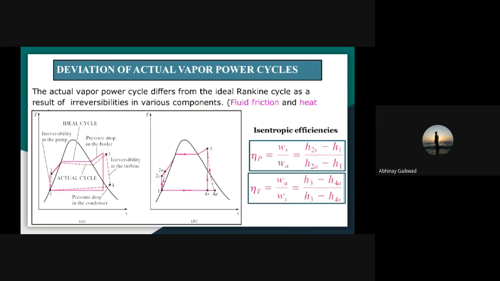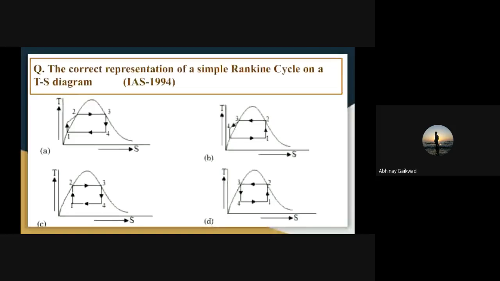Now here I will take one simple question which was asked in IES 1994. The question is: the correct representation of a simple Rankine cycle on the TS diagram.